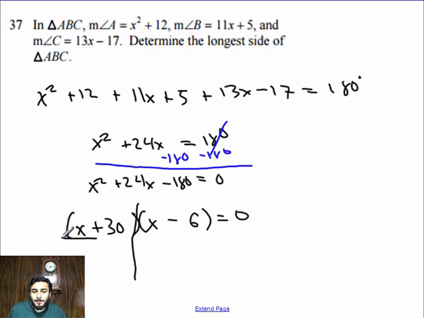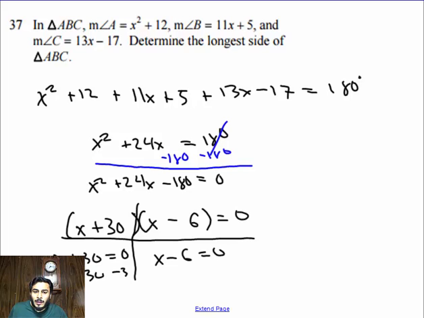And then the next step is to take each one of these binomials and set them equal to 0, and then just solve them like they are regular linear equations. So we get x equals negative 30, and then add 6 to both sides here. We get x equals 6.